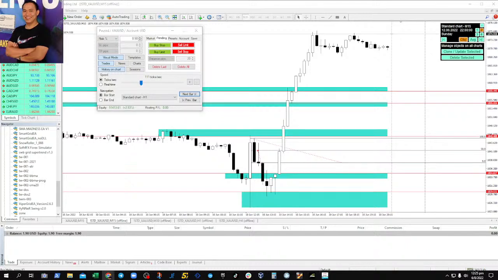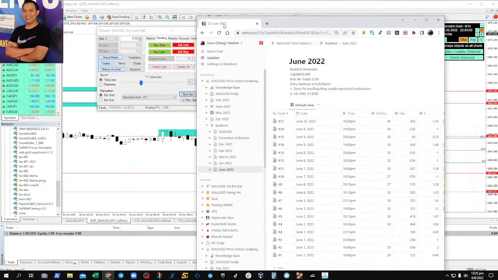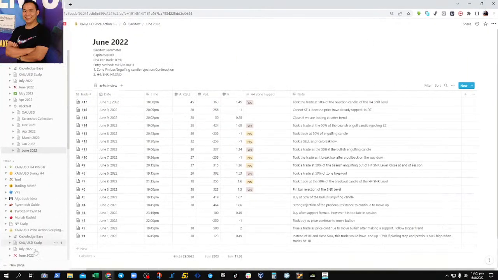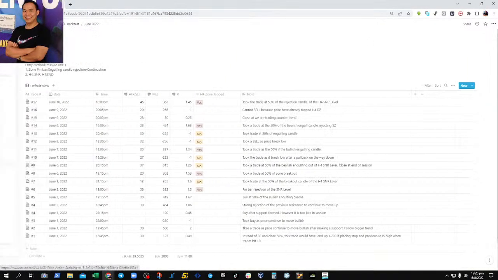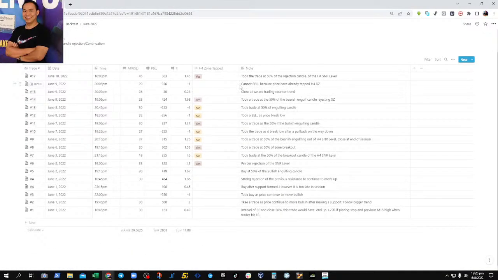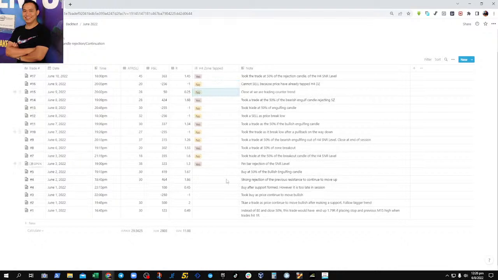So there you go. We have completed 2 weeks of June 2022 backtest, and here is the result that we have. Okay, so as you can see here, we managed to get 11% using 1% per trade, using purely set and forget method.